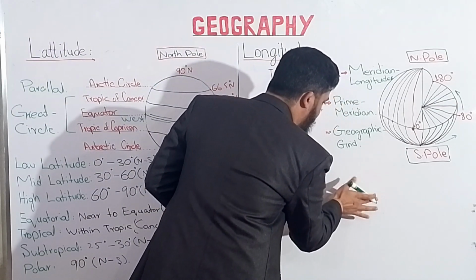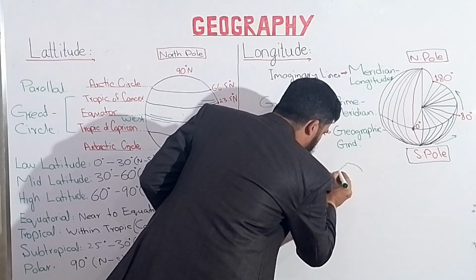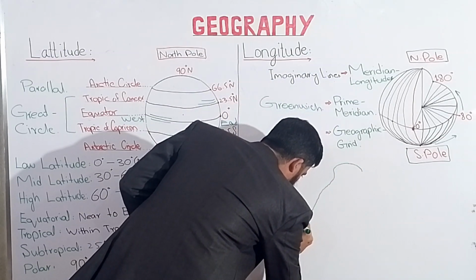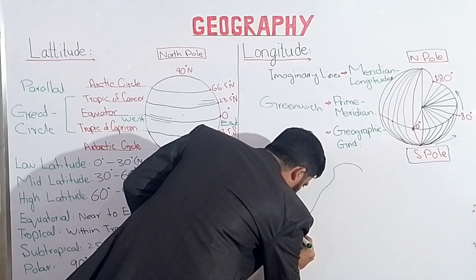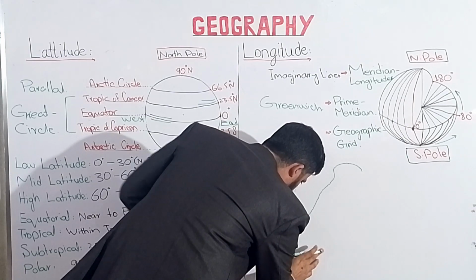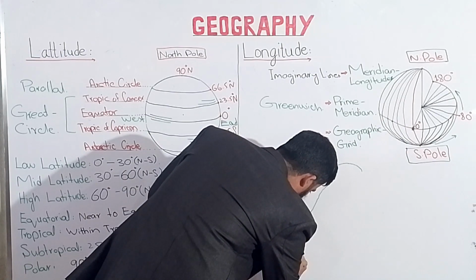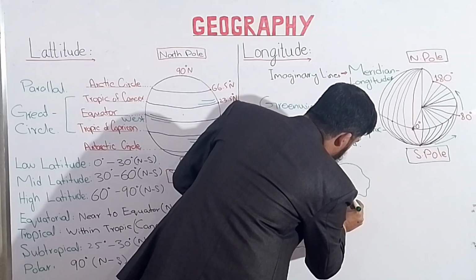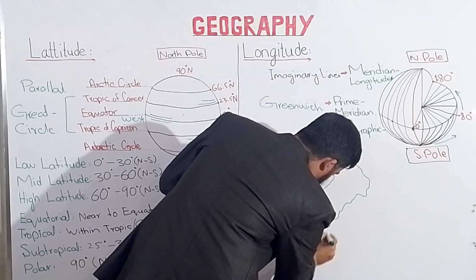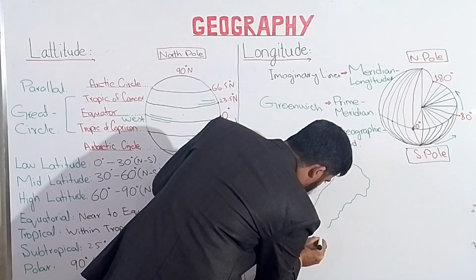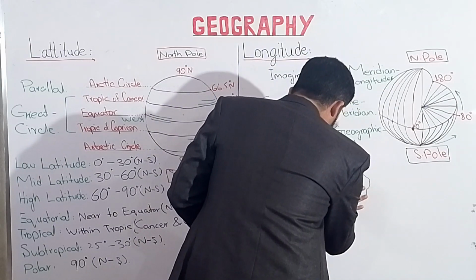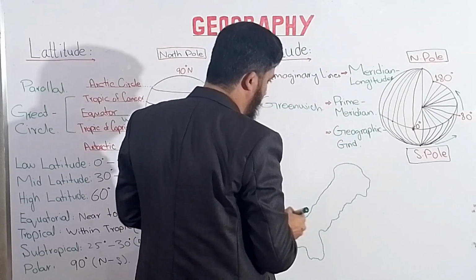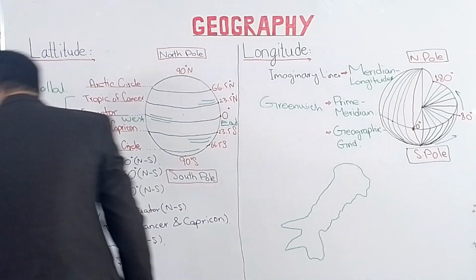For example, if I draw a rough sketch of Pakistan's map, Pakistan is somehow like this.